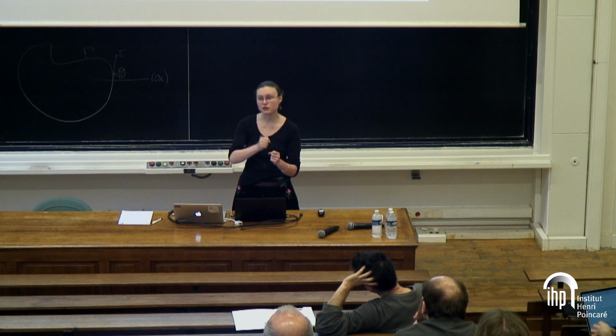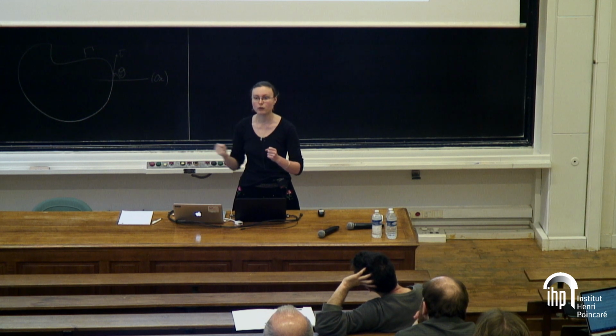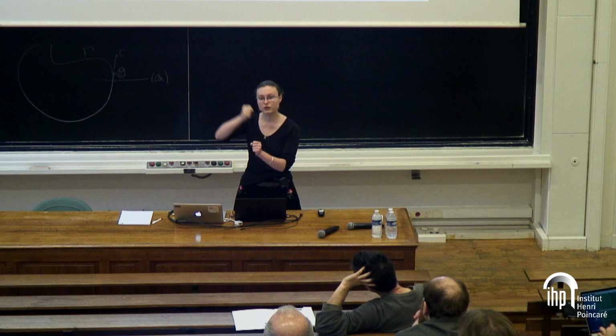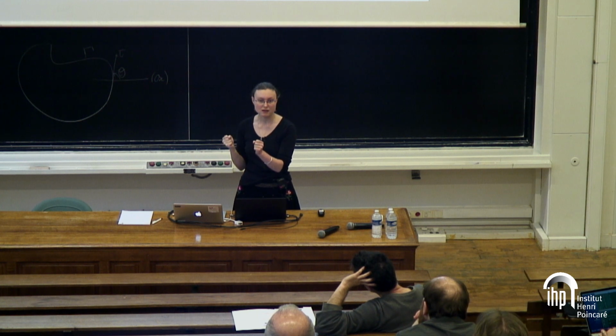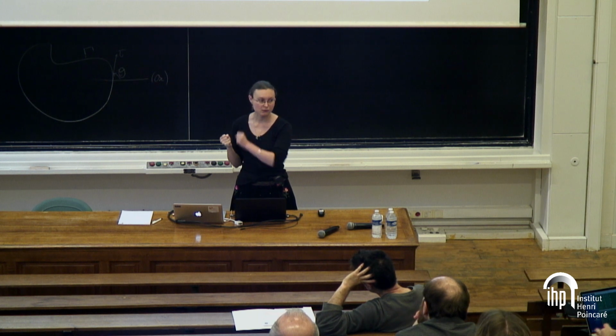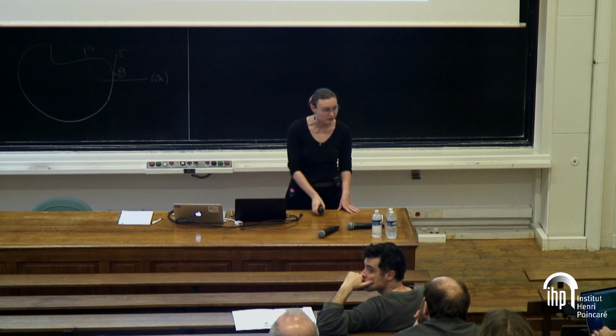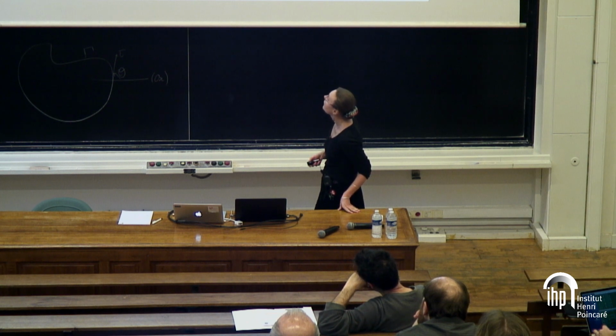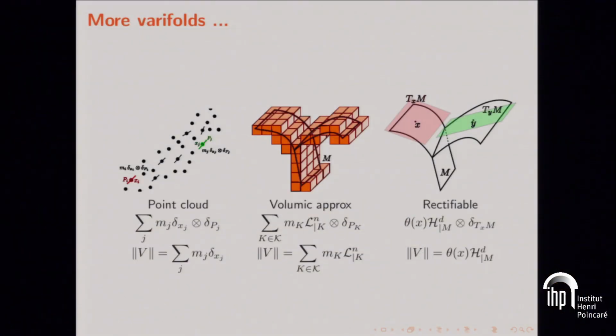And at each point in the support of your measure, or almost each point, you put a measure on the Grassmannian indicating a probability of direction. That's what a varifold is. It's equivalent, actually. It's a disintegration property. So those are the kinds of objects you could think of when you think of varifolds.